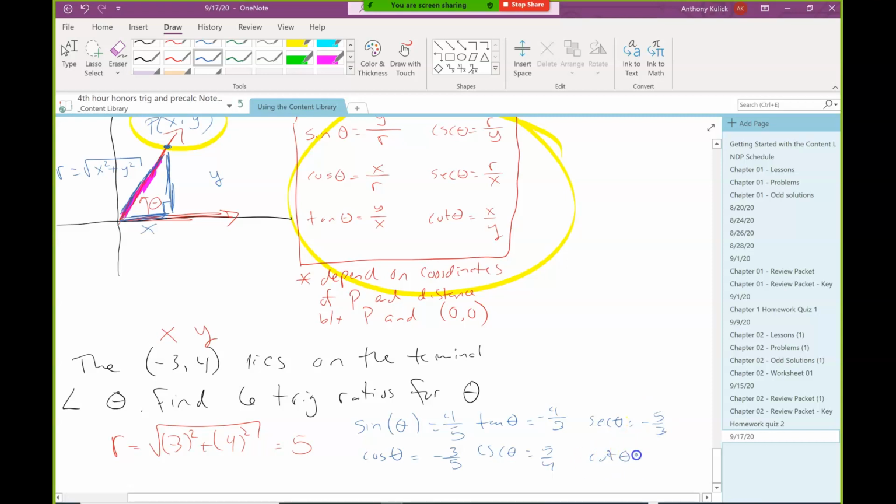And cotangent theta is negative 3 over 4. Everybody okay there? Yes. Of course.